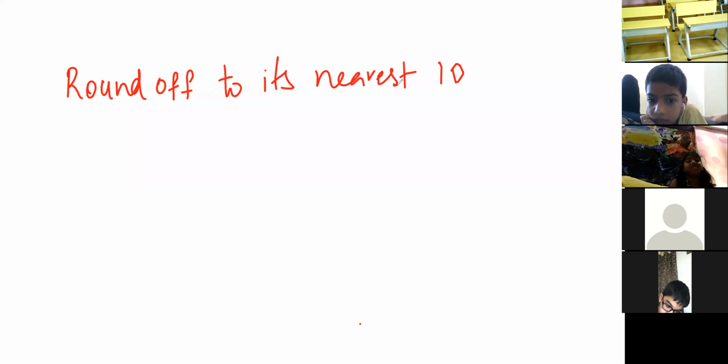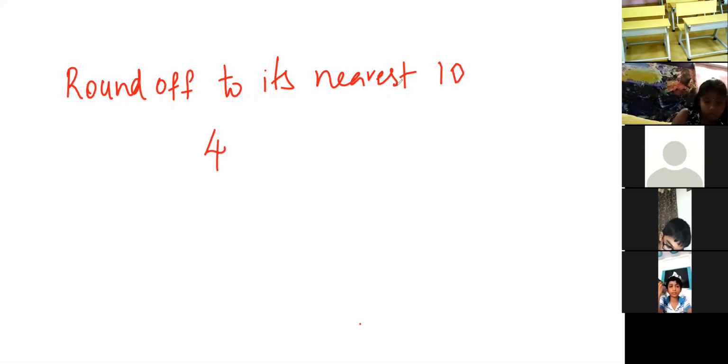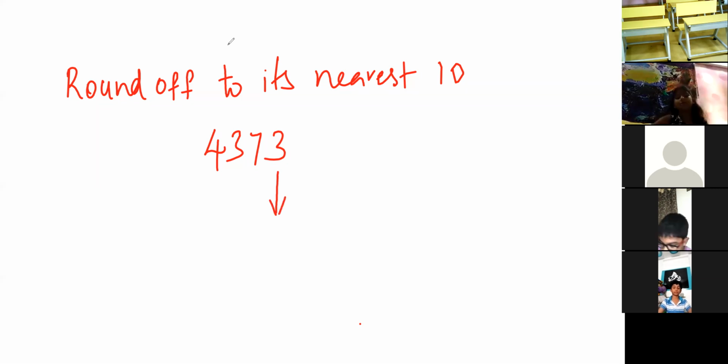See, if I take a 4-digit number, suppose 4,379, I have taken. Instead of 9, let me take 3. Okay, how to round off this number to its nearest 10? Always, while rounding off a number to its nearest 10, you have to look at the ones place digit.